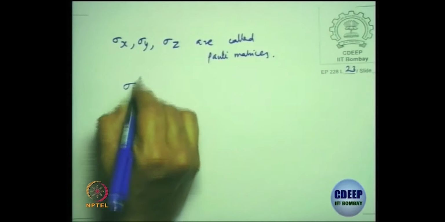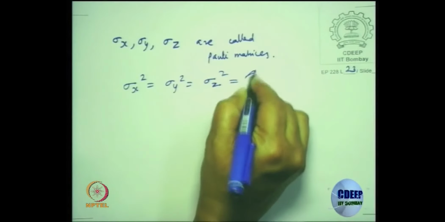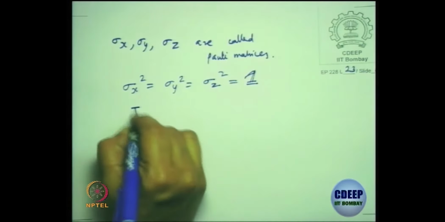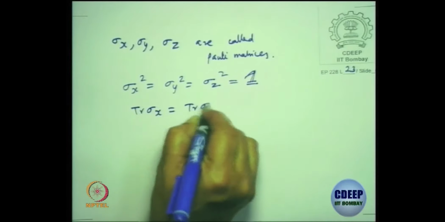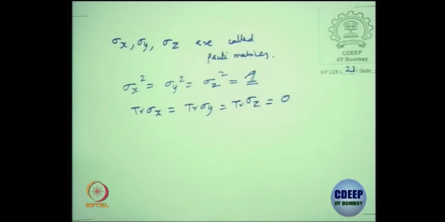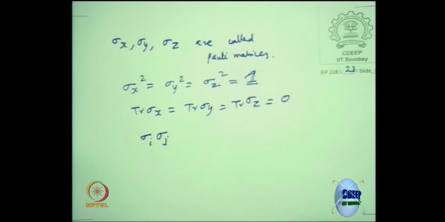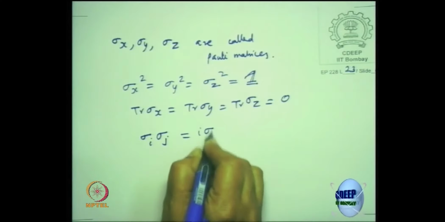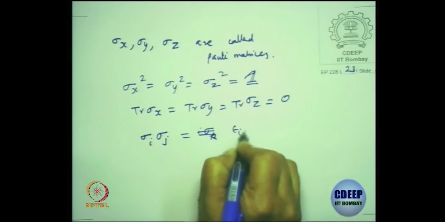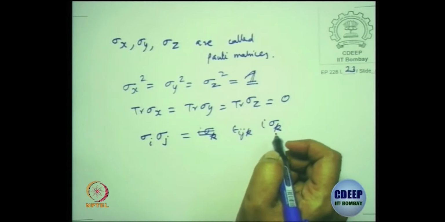What are the properties? Sigma x squared, sigma y squared, sigma z squared is identity. Trace of sigma x, trace of sigma y, trace of sigma z is 0. Sigma I, sigma j is I times sigma k with an epsilon ijk. Is there an I or it's not there? It's there, right?